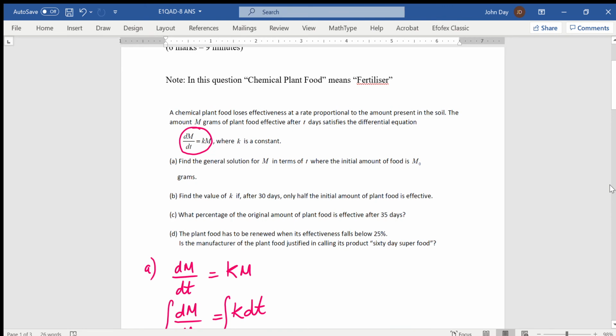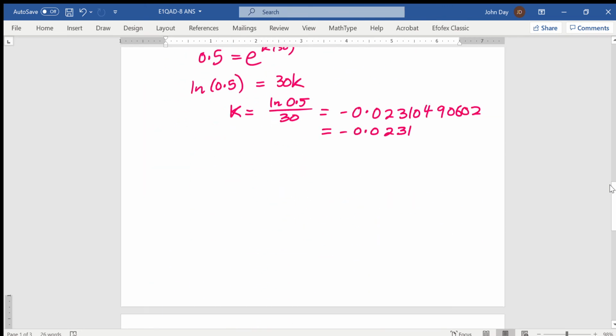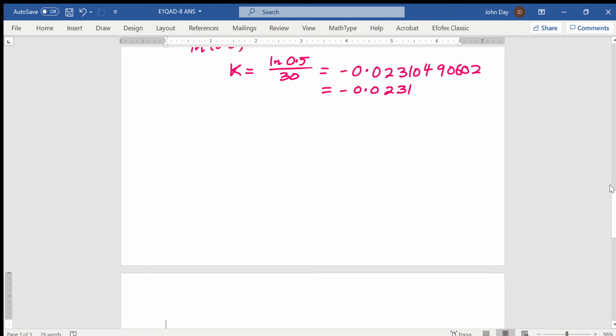Well, what percentage of the original amount of plant food is effective after 35 days? Okay, so when t equals 35, M equals M naught e to the minus, and this is our k now, t.